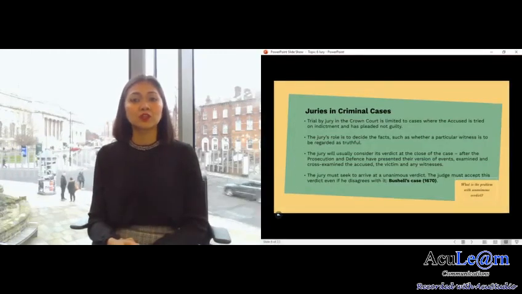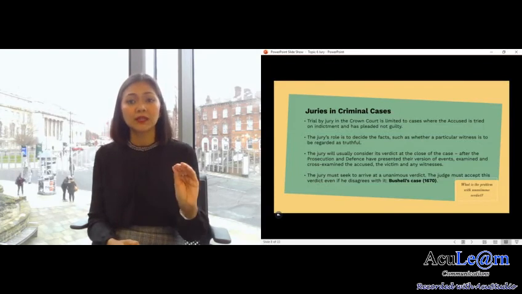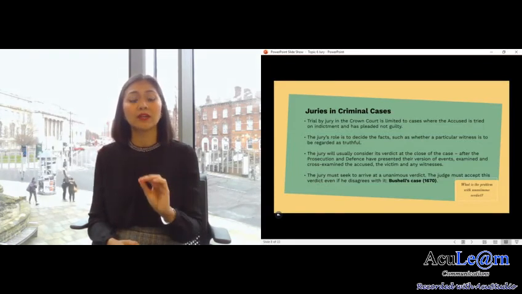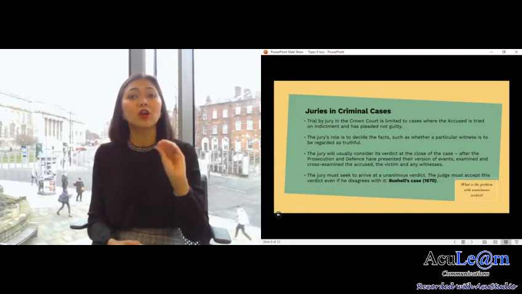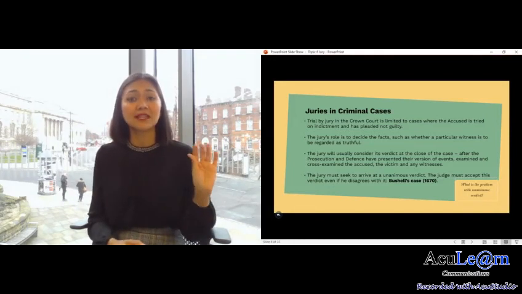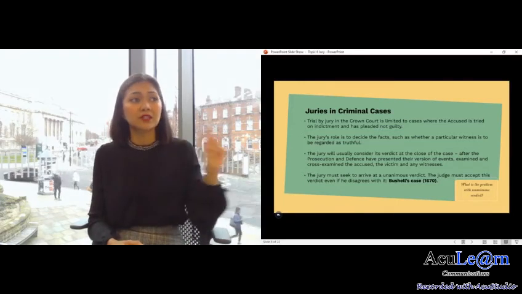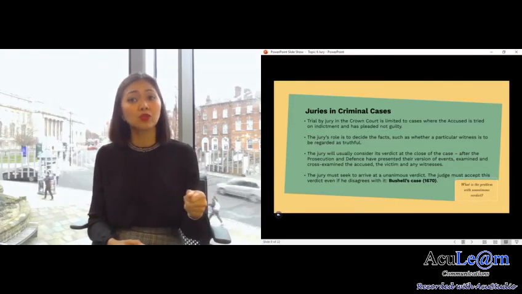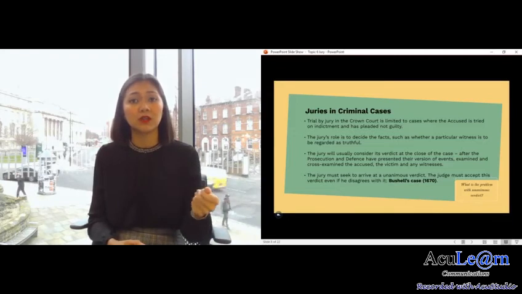So with regards to juries in criminal cases, trial by jury is only limited to cases where the accused is tried on indictment. Indictment essentially means serious crime. So if you're talking about someone stealing a bread, you don't have trial by juries because it's not a serious crime.